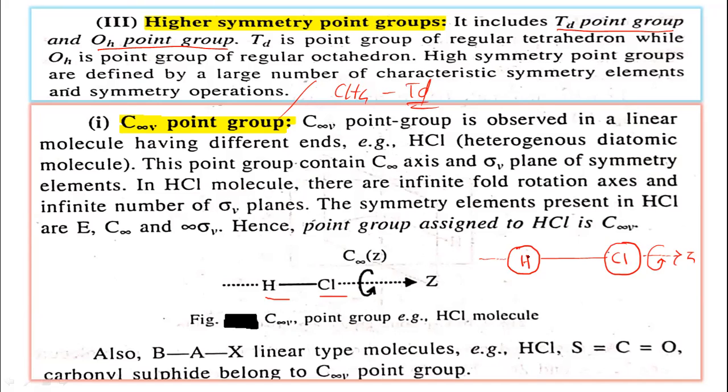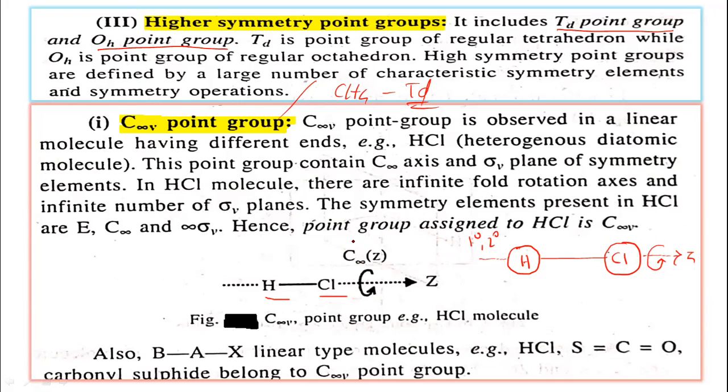So what is the order of the axis? It is infinity. The axis of rotation is infinity. At any angle, even at 1 degree or 2 degrees or 1.5 degrees, you get the same equivalent orientation of this hydrogen chloride molecule.